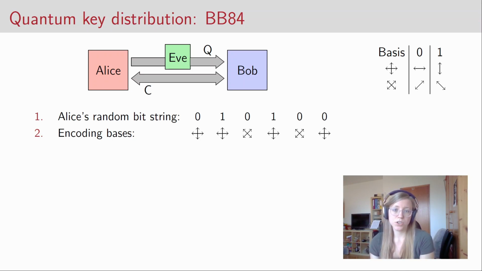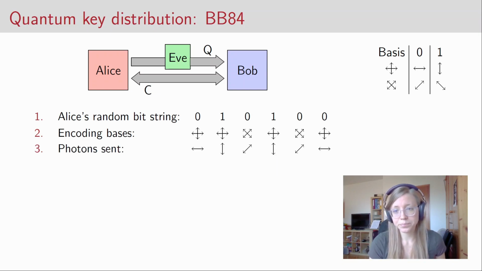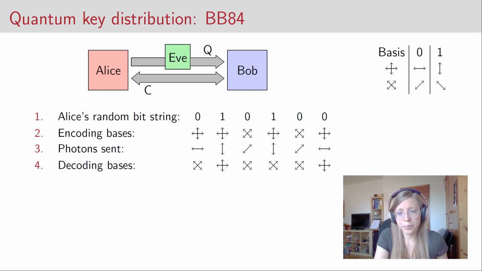So here she has chosen a series of different encoding bases, and she then uses these bases to encode the bits from the bit string. As you can see, this results in photons in several states, and these photons are then sent to Bob.